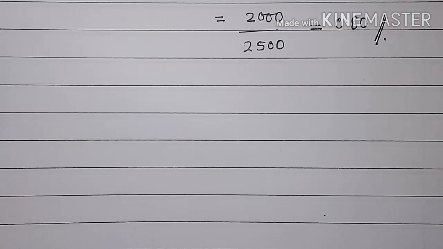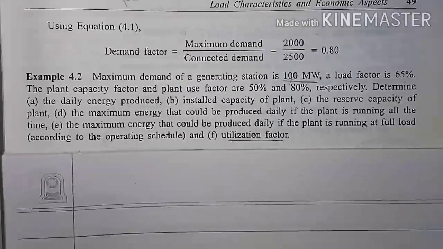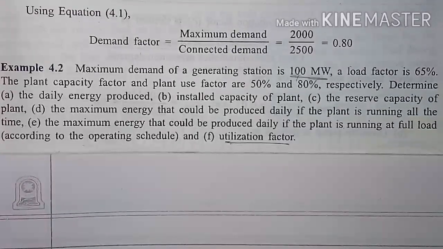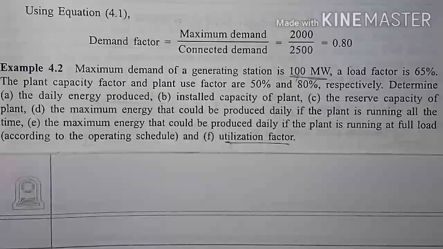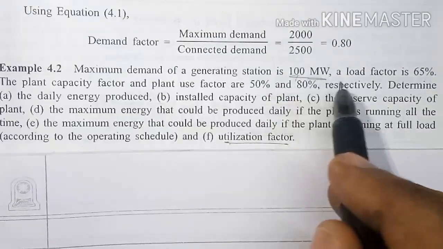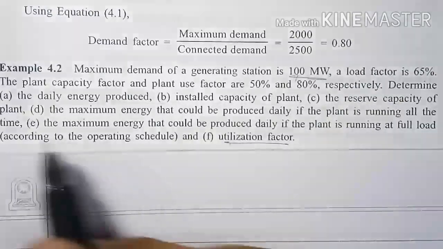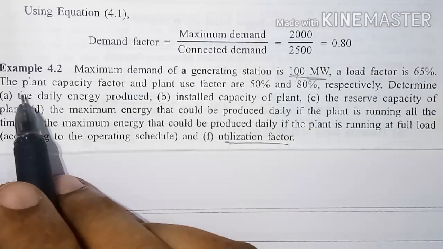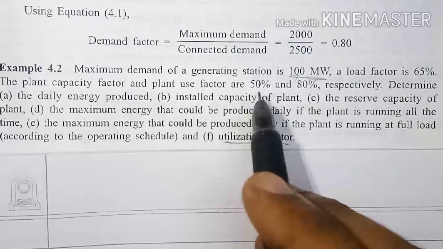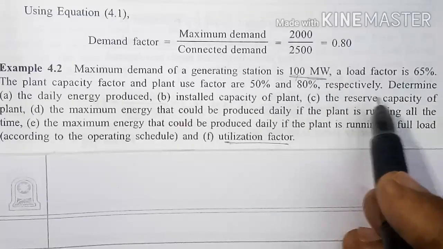Next we'll take example 4.2. Maximum demand of a generating station is 100 megawatt. A load factor is 65%. The plant capacity factor and plant use factor are 50% and 80% respectively.